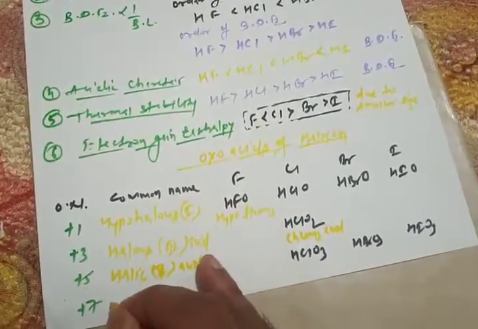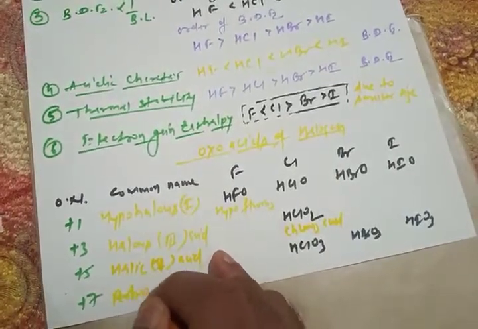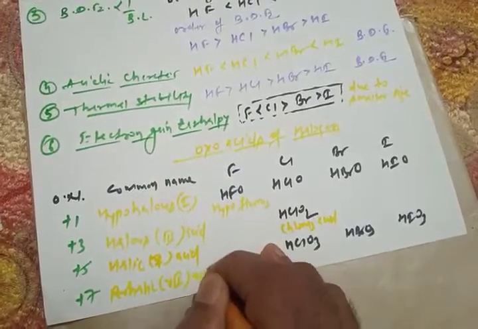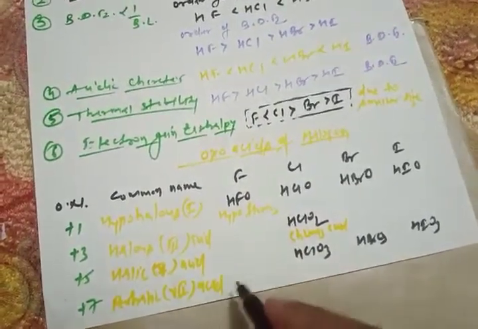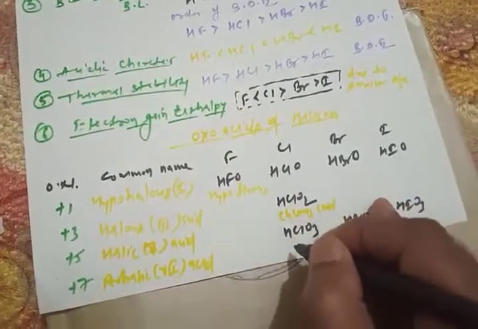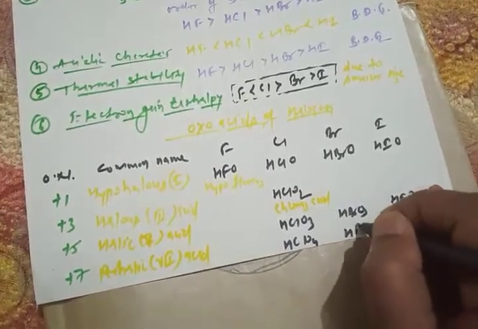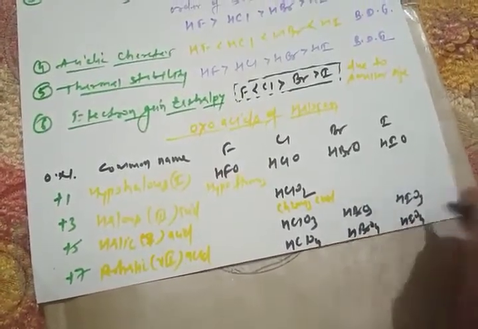And the last one is called perhalic acid, and the oxidation number is +7. Again, no example in the case of fluorine, but we have HClO4 in this case, HBrO4 in this case, and HIO4 in this case.